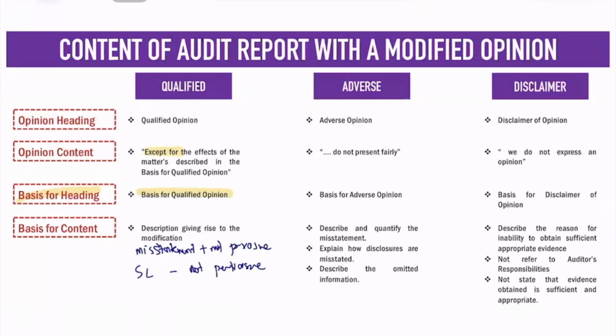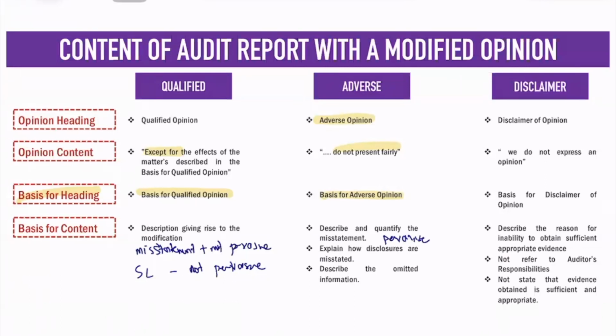Next, adverse opinion. What's the difference of this opinion with your unmodified opinion? In adverse opinion, the heading is known as adverse opinion, and the content is that it does not present fairly. You already know that one. Now, for the basis heading, we call it basis for adverse opinion. In your basis for adverse opinion, you describe and quantify the misstatement. The misstatement here should be pervasive.